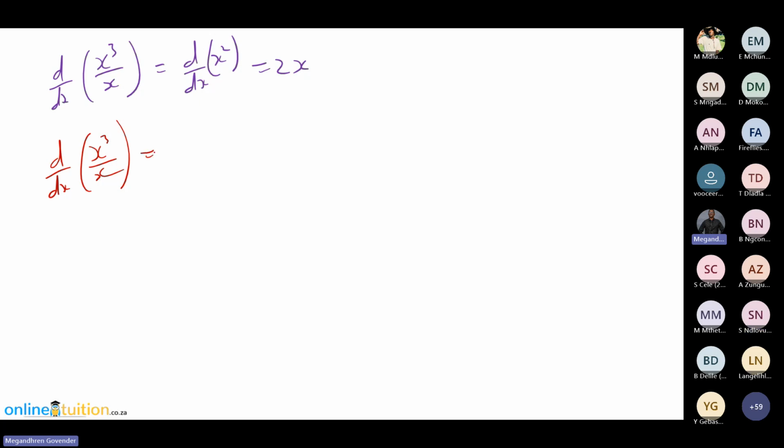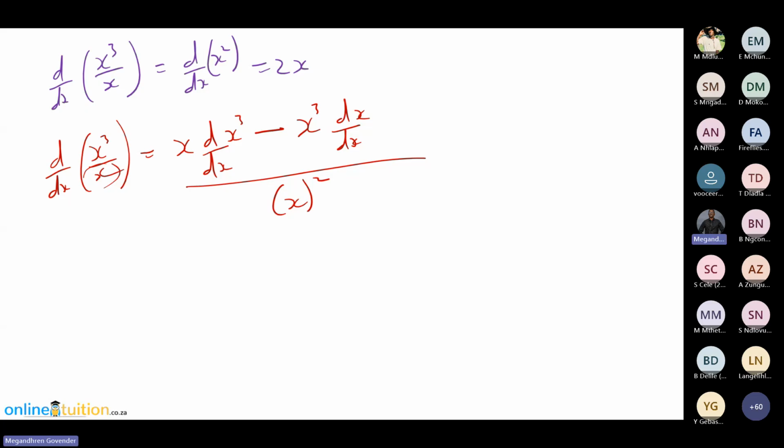The rule says keep the bottom guy constant, differentiate the top guy, minus keep the top guy constant, differentiate the bottom guy, all over the bottom guy, all squared. So this becomes x. What is d/dx of x cubed? That is 3x squared. Minus what is d/dx of x? That's 1, all over x squared.